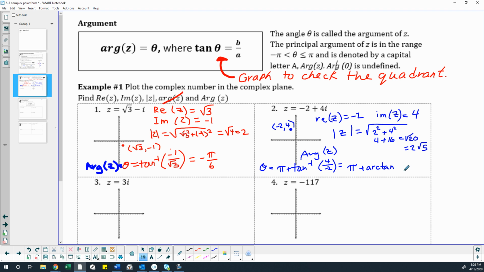Just a second, Adrian. I can't write and answer at the same time. Okay, so we have y divided by x. So 4 divided by -2 is -2. That gives us a fourth quadrant angle. But in order to turn a fourth quadrant angle into a second quadrant angle, we need to add pi to it. So it's pi plus that answer to get this answer. However, the book has done this to it, so tell me what they did to get this answer instead.